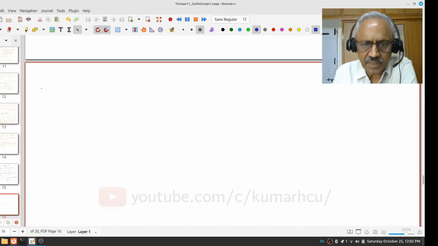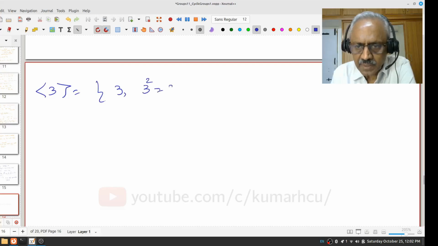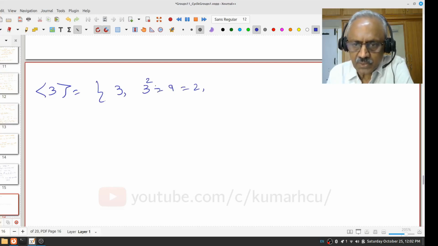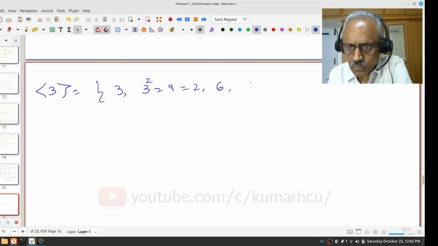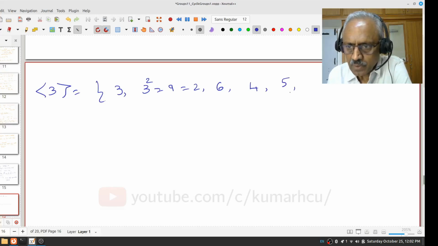Let us look at 3 now. 3 is 3, and 3 squared is 9, that is 2, and then 3 cubed is 2 times 3, which is 6, and 6 times 3 is 18, 18 is 4 modulo 7, and 4 times 3 is 12, that is 5, right?